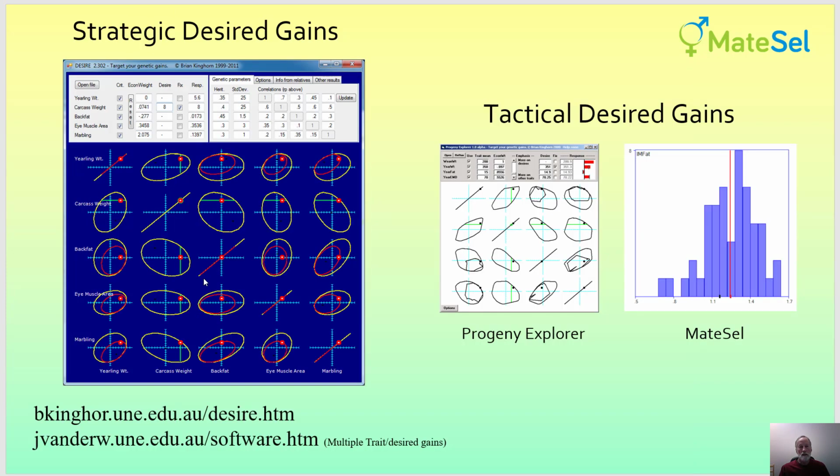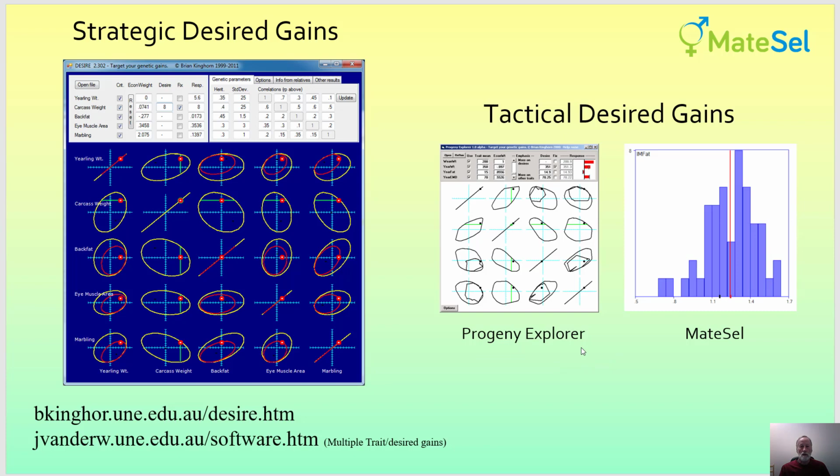So the two ways of discovering these things is to actually go ahead and play with them in MateCell and get a feel for them. Or if you want to be more on top of it, possibly download Software Desire. And there's an alternative here, Multiple Trait Desired Gains from Julius van der Werf, and explore what sort of compromises are made theoretically before moving on to the tactical desired gains approach.